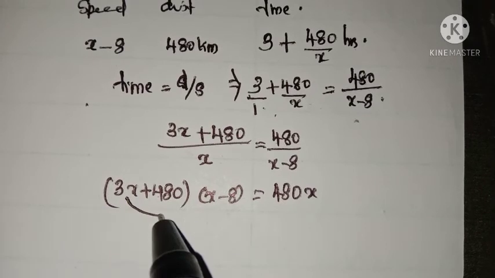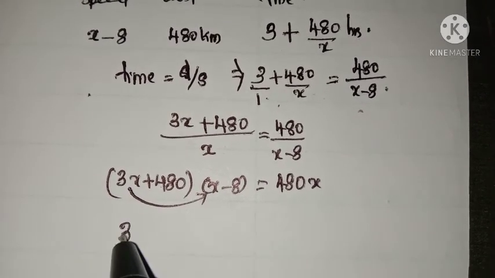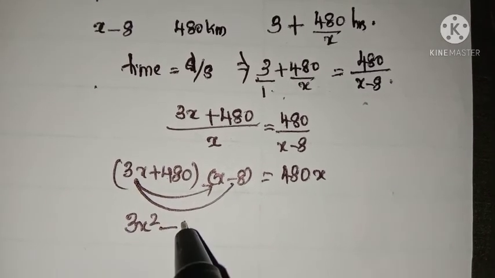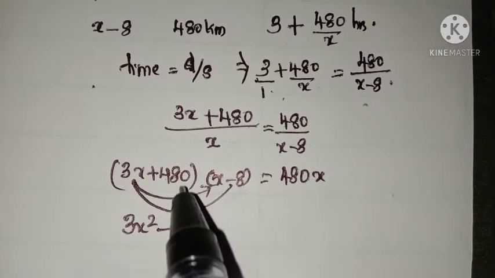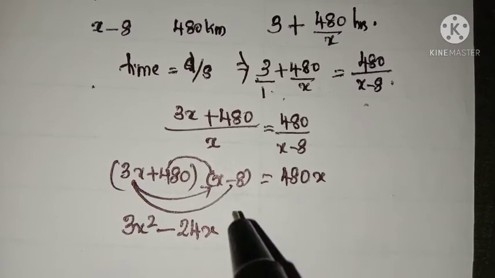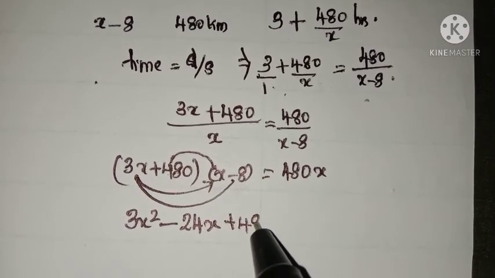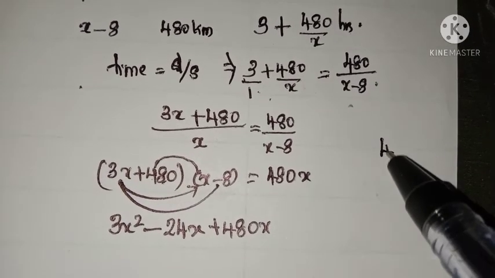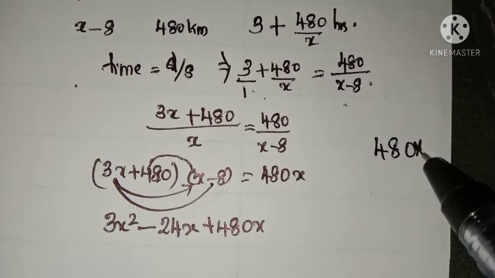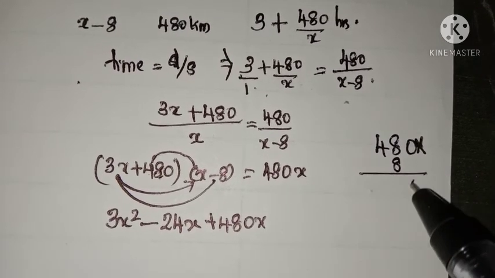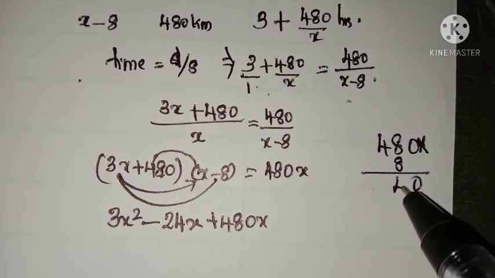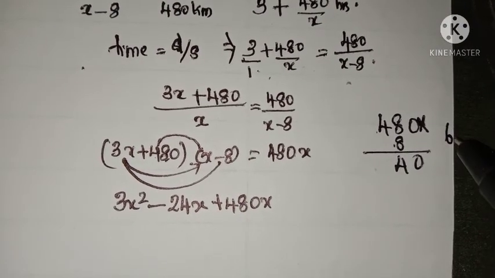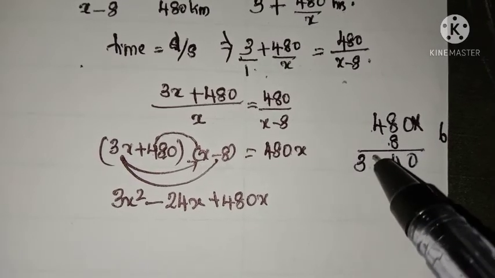Now open the bracket. 3x into x, 3x square. 3x into minus 8, minus 24x. Now 480 into x, 480x, 480 into minus 8. So 480 into minus 8 gives, 8 into 8, 64. 8 into 4, 32. 32 plus 6, 38.